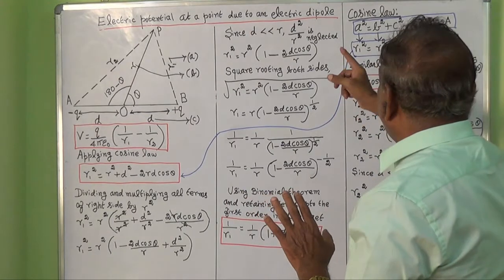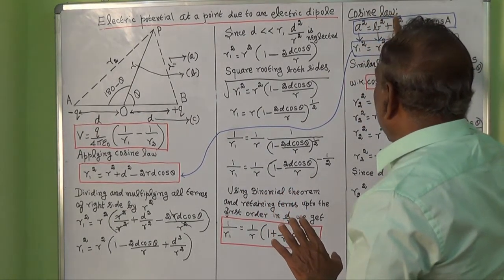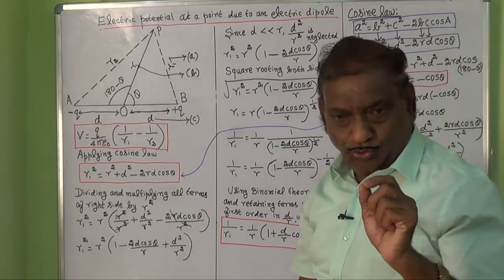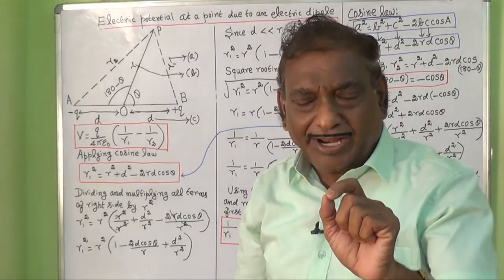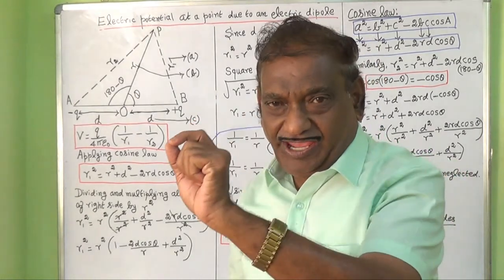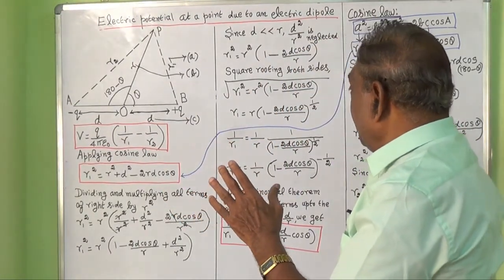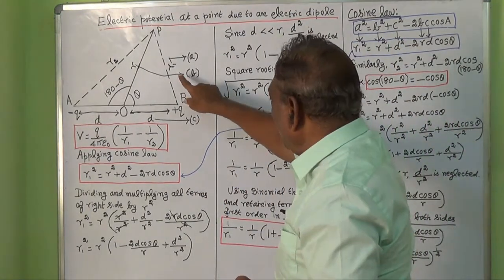We have also determined the cosine law, that is A square equal to B square plus C square minus 2BC cos A. But in our sum, in the place of A, we are having R1.